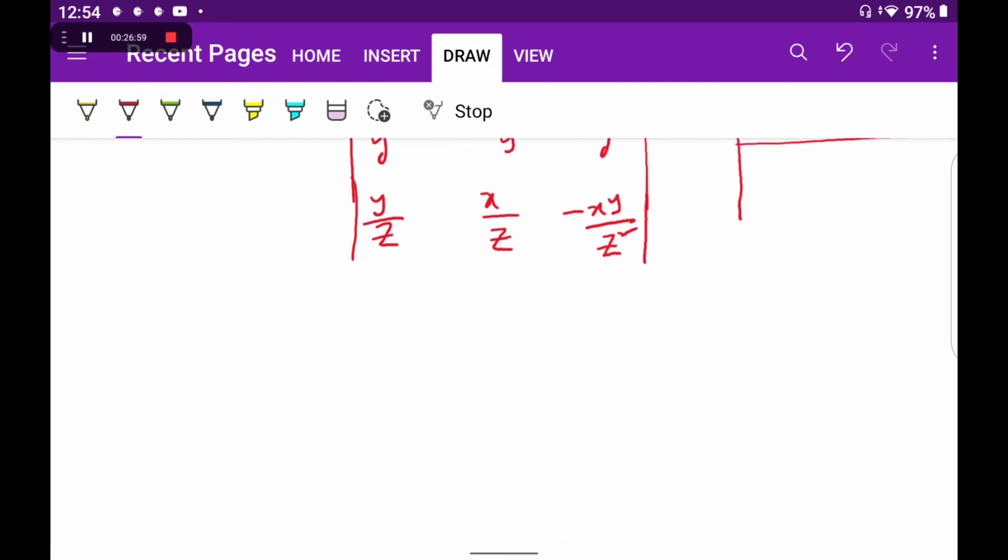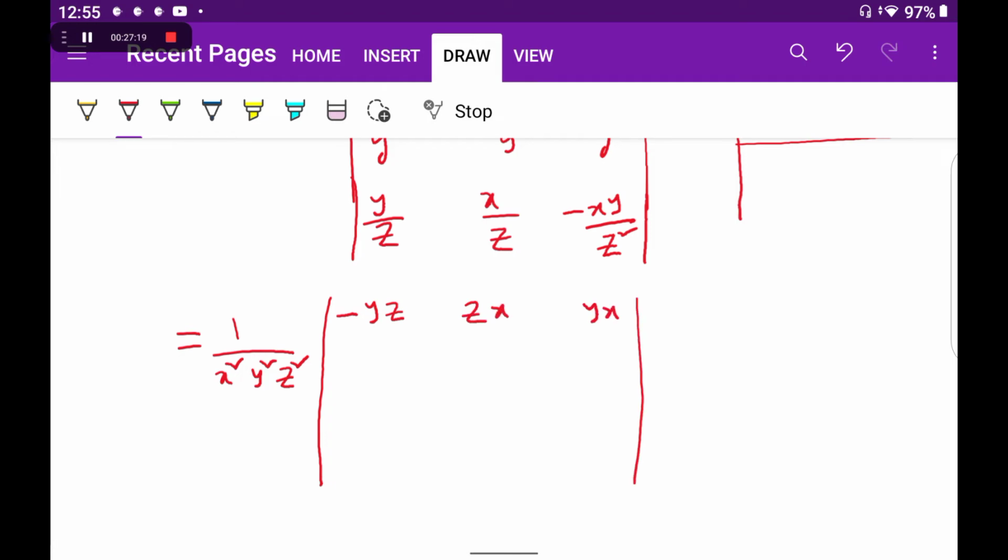So if you simplify this, actually you can take 1 by x square, 1 by y square, 1 by z square out of the determinant, and you can write it as minus yz, zx, yx, zy, minus zx, xy, yz, xz, minus xy.